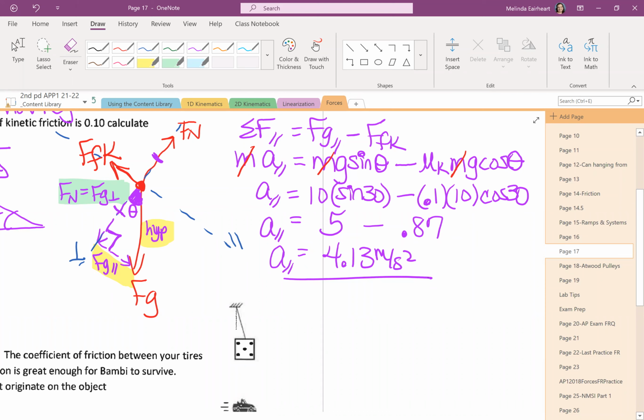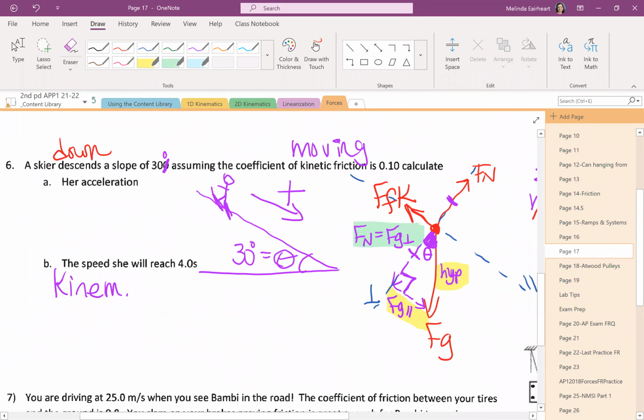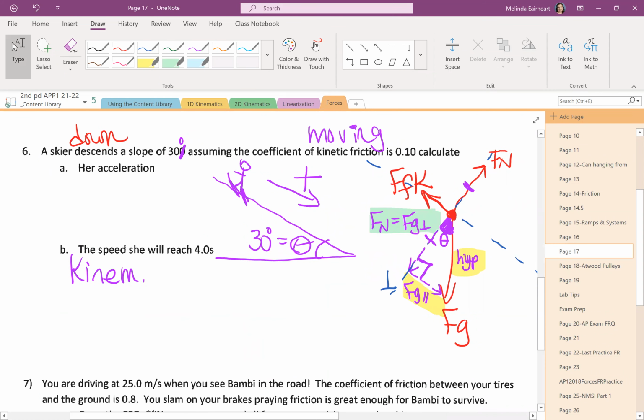Now maybe tension cancels, but mass didn't in that situation. But just be careful, make sure you're justified before canceling out the mass. And good test taking strategy, it's pretty much true if they don't give you mass in the first place, it's going to cancel, okay? Or you would just keep it in terms of mass. I think we did one prior where we had our answers something m, right?